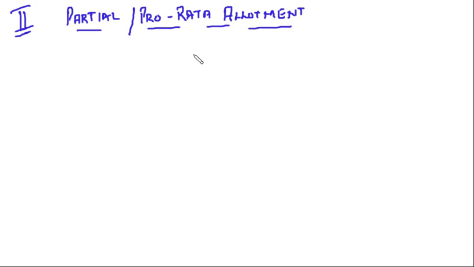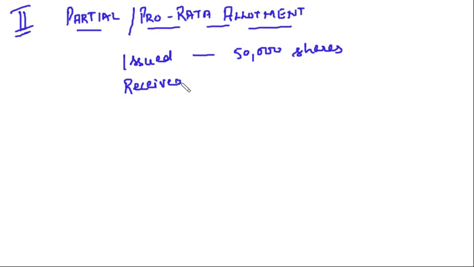Now, what it means? You issued 50,000 shares. Right? You received applications along with application money on 70,000 shares. This is oversubscription.